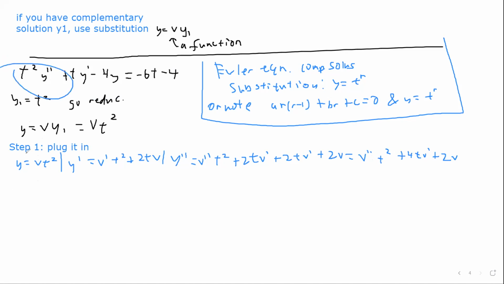We are going to plug everything in to get v double prime t to the fourth plus v prime 4t cubed plus 2 plus v 2t squared. So that's that first term, t squared y double prime.